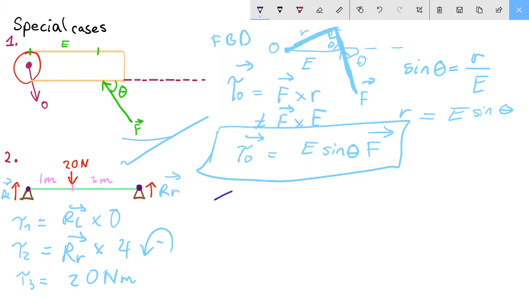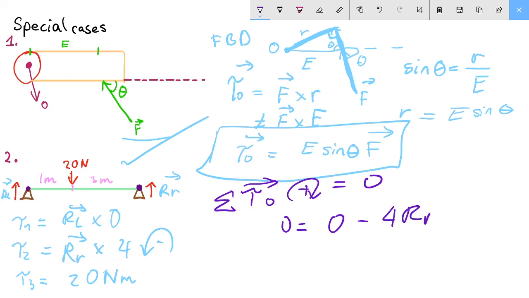Now that you have that, you can say the sum of torque at point O equals 0. 0 will equal torque 1 plus torque 2 plus torque 3, which means it equals 0 minus 4RR plus 20.